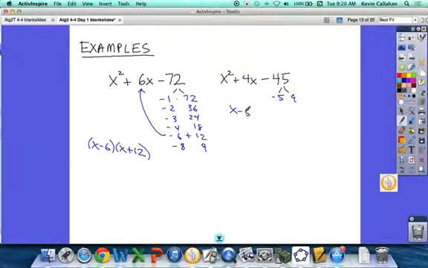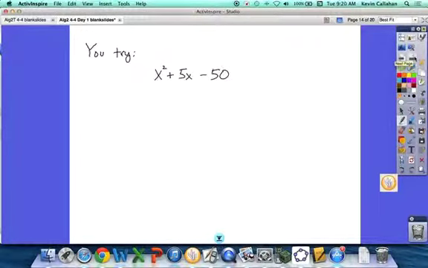So x minus 5 times x plus 9. So try that one. Last number's negative, middle number's positive.